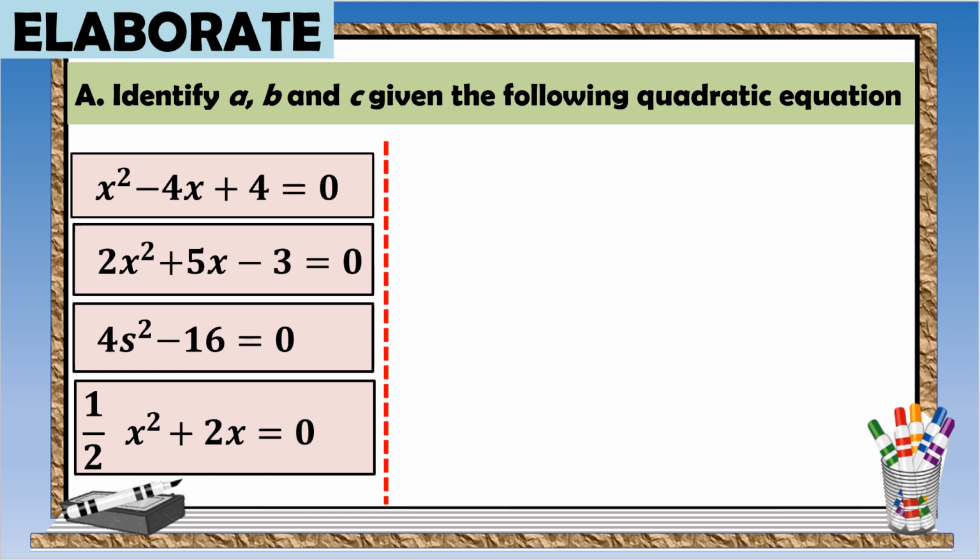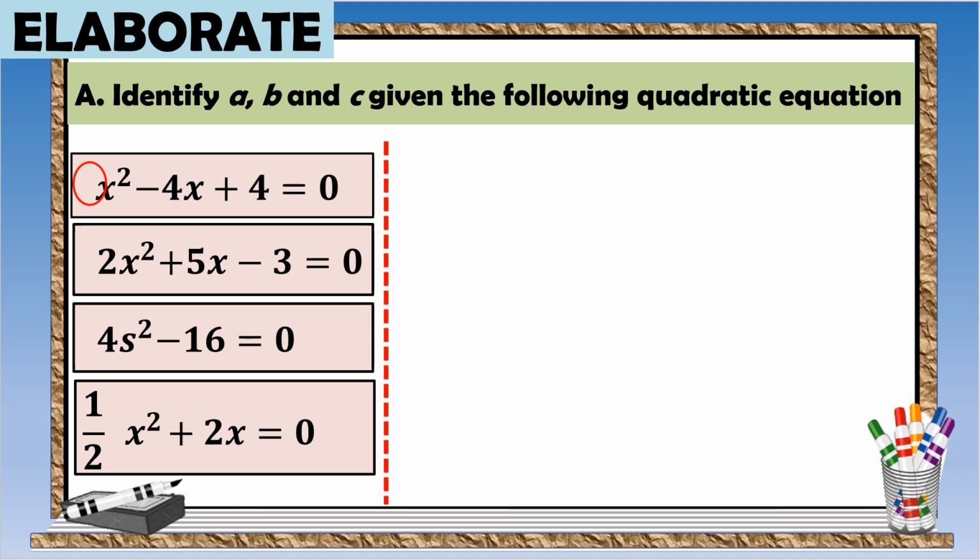We have the first equation, x squared minus 4x plus 4 equals 0. By the way, you can pause this video if you can do it alone. So let us answer. As you can see, x squared minus 4x plus 4 equals 0.